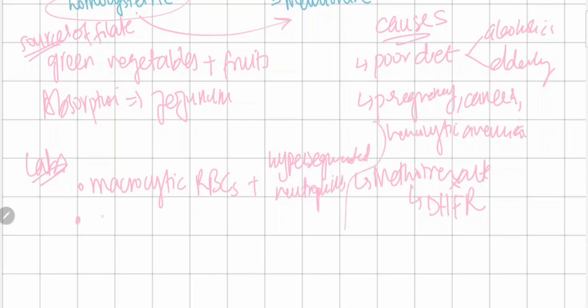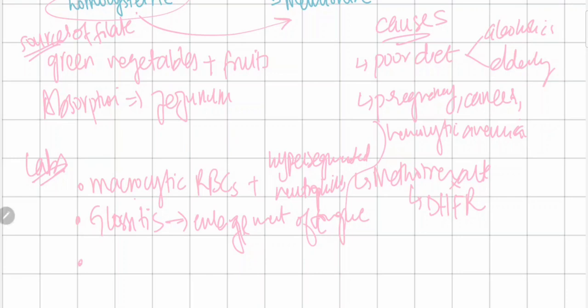And there's going to be glossitis. Glossitis is enlargement of the tongue, because it is not due to anemia; it is due to the folate deficiency that is also causing your tongue to enlarge. It is going to be a red, beefy tongue.